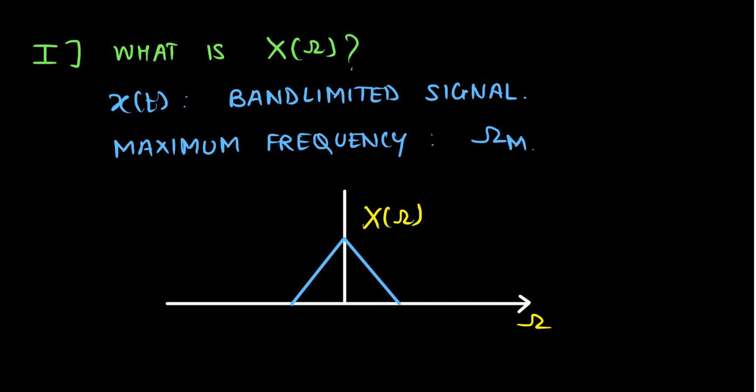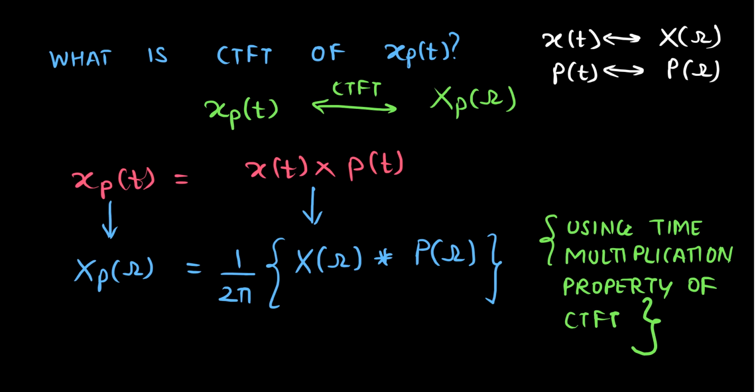This is omega axis and the maximum frequency is omega m. So we have omega m here and minus omega m here. So this is the Fourier transform of the continuous time signal, that is x of t. So we are going to consider this general Fourier transform in order to find the Fourier transform of this xp of t, that is sampled version.